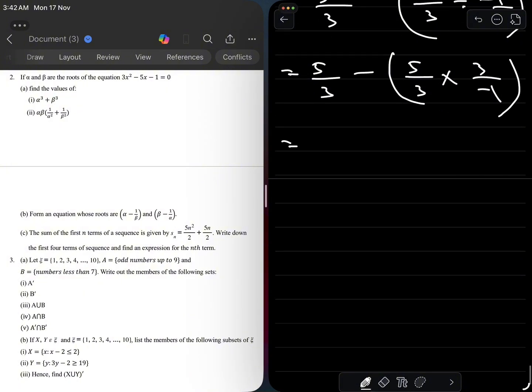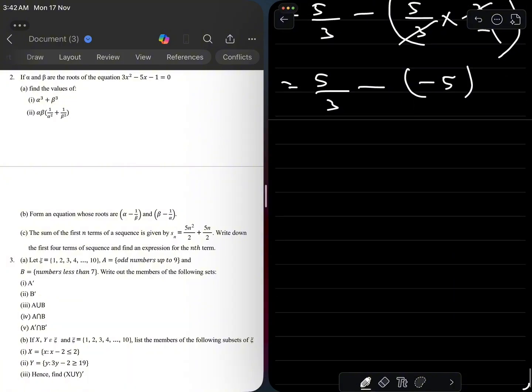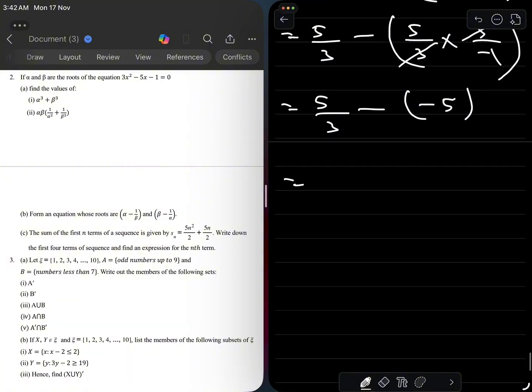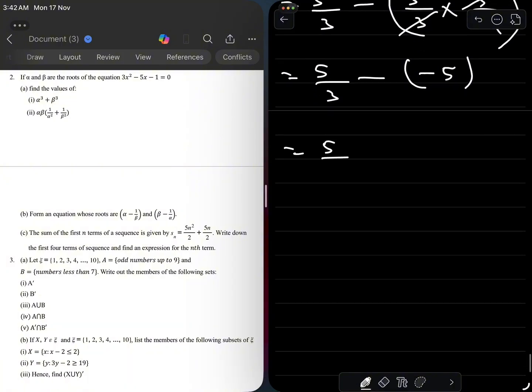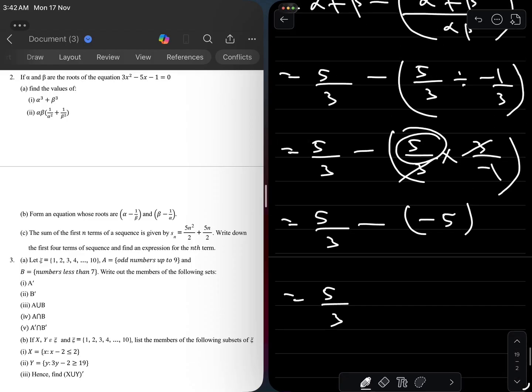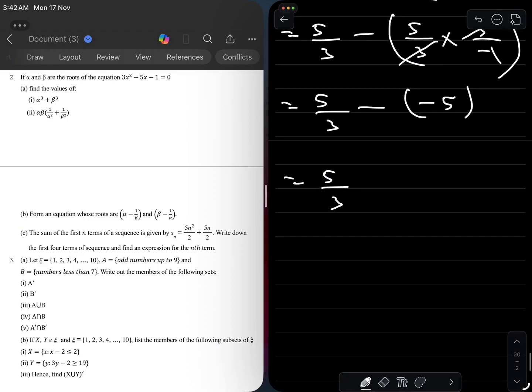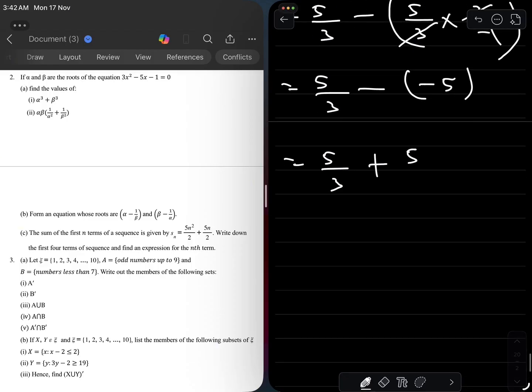That's 5 over 3 minus, 3 here 1, 3 here 1. And this is minus 5, which simply means 5 over 3. Of course, you know that 5 divided by minus 1 is minus 5. So that's 5 over 3 plus 5.